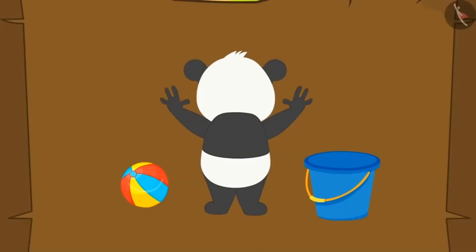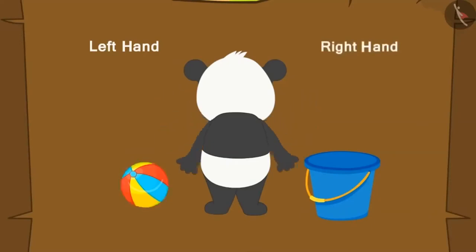Now can you tell which hand is making letter L? Yes, with this hand. So, which hand of Golu is this? Alright, left hand. And this hand? Right hand. So, on which side of his hand does Golu have the ball? Left hand. And the bucket? On his right hand.